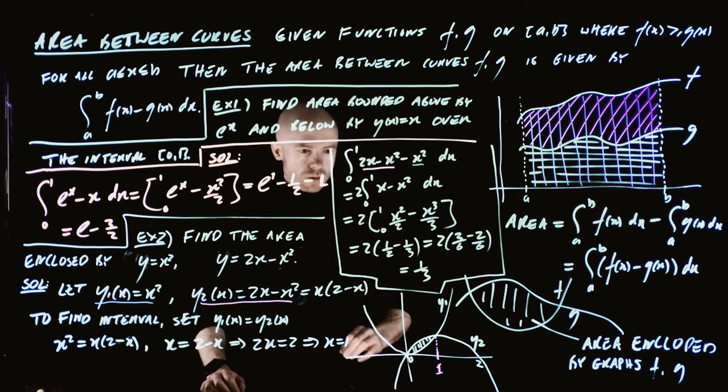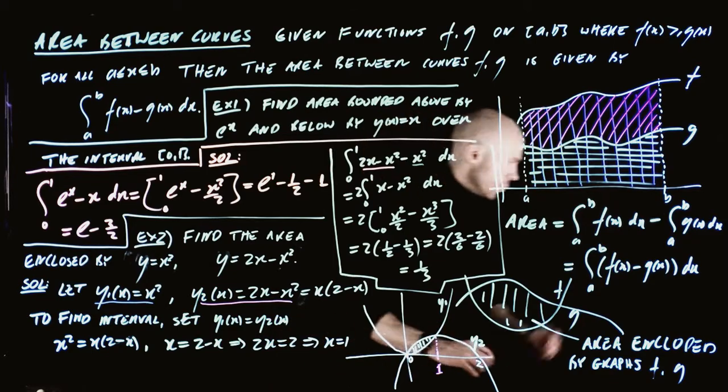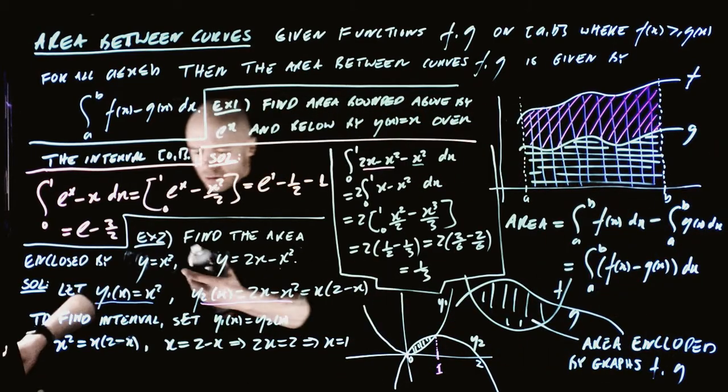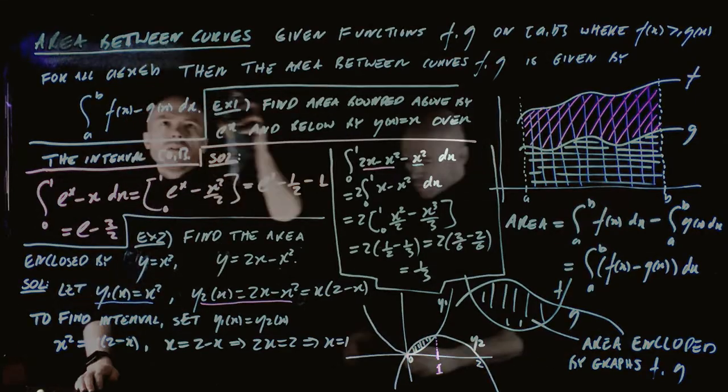Yeah? Cool. All right, so I'll erase the board, and then we'll talk about something a bit more subtle. Okay, so now we're going to talk about the area between two curves where one is not strictly above the other.